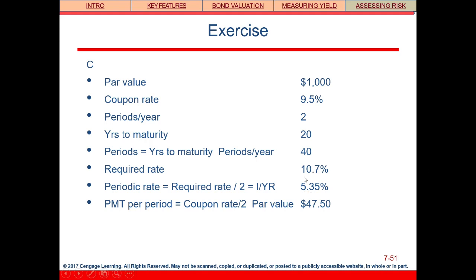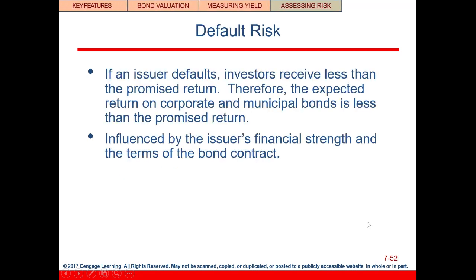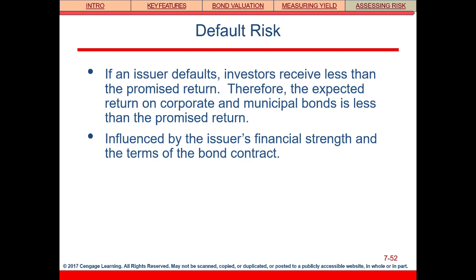And the required rate of return is 10.7, so the periodic rate should be 10.7 divided by 2, that's 5.35. And then we can calculate the PV. It should be $901.80. Okay, so that was the semi-annual compounding exercise question.